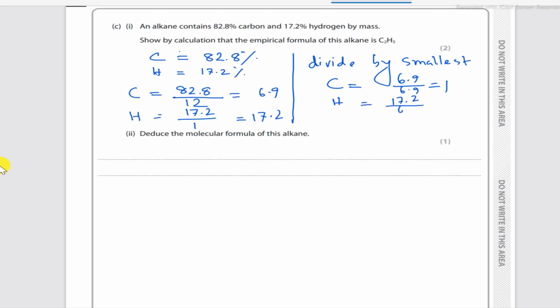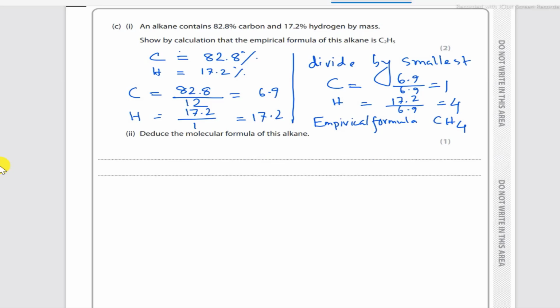17.2 divided by 6.9. So the empirical formula is CH4.